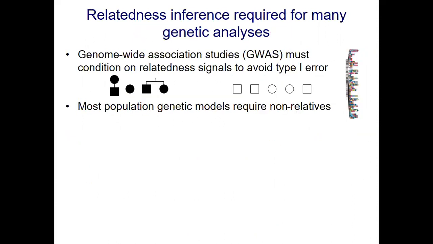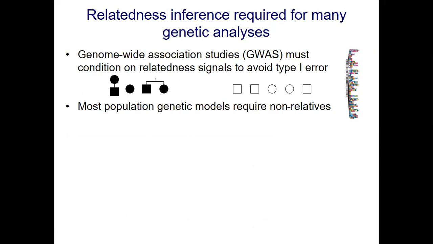Okay, with that background now, I want to motivate relatedness as very important for genetics. So relatedness is needed in the context of genome-wide association studies, where we might have a set of cases, perhaps shown in black here, and controls shown unshaded. And when we do genome-wide association studies, we tend to compare the frequency of alleles between, let's say, cases and controls.